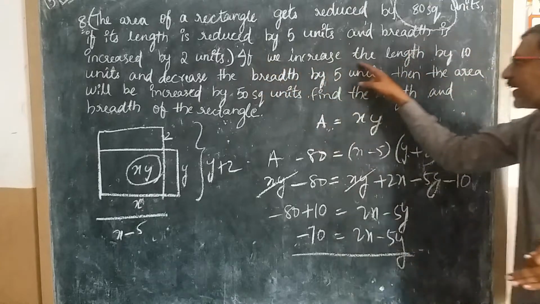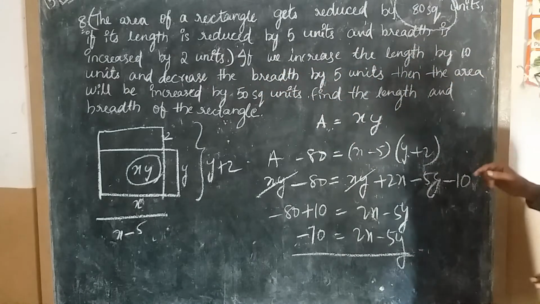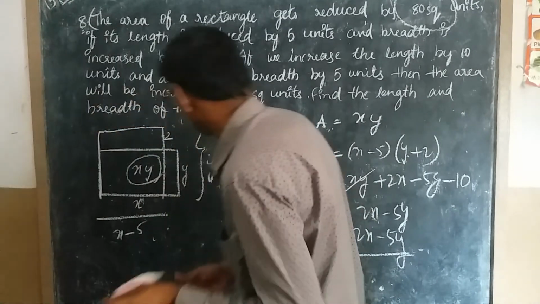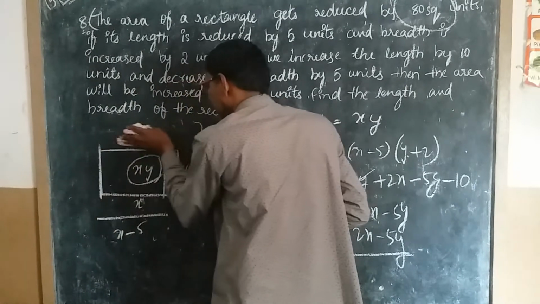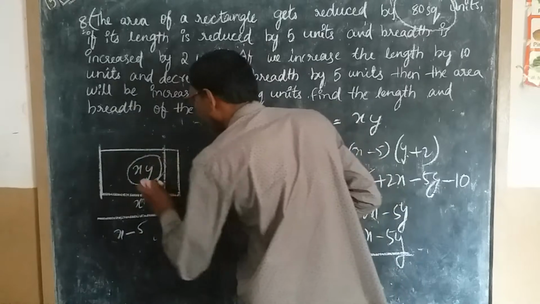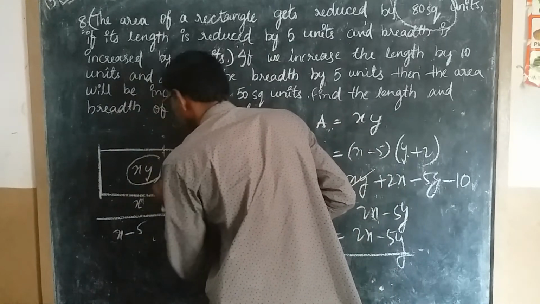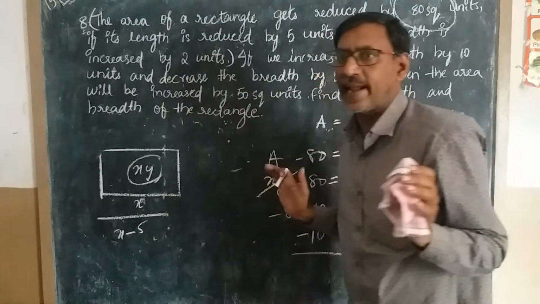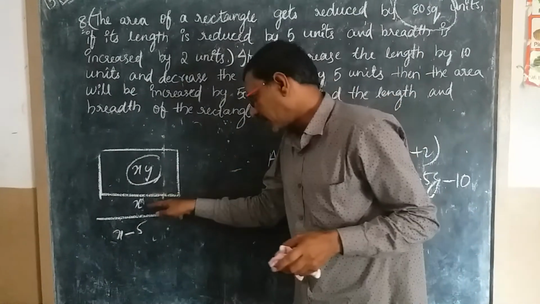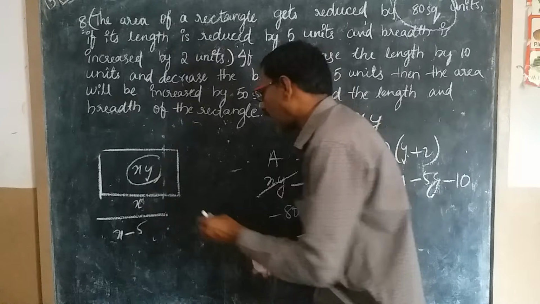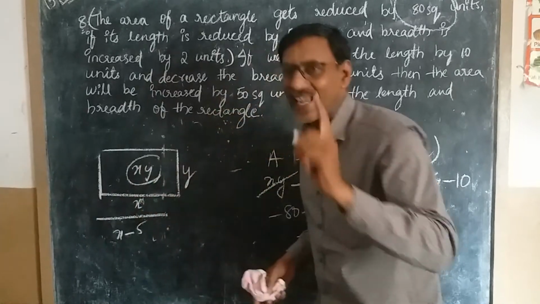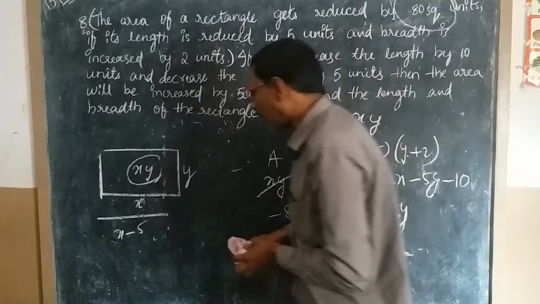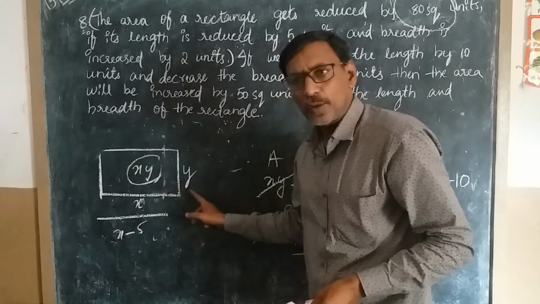If we increase the length by 10 units, okay, I would like to remove this part. Keep in mind, I am coming to the second step. This is my rectangle. Length is x and breadth is y. Now its area, length into breadth, that is xy.